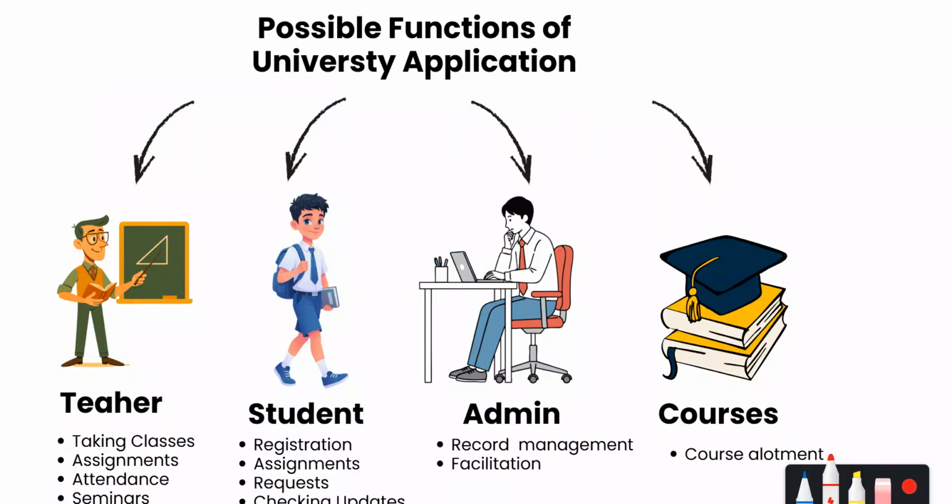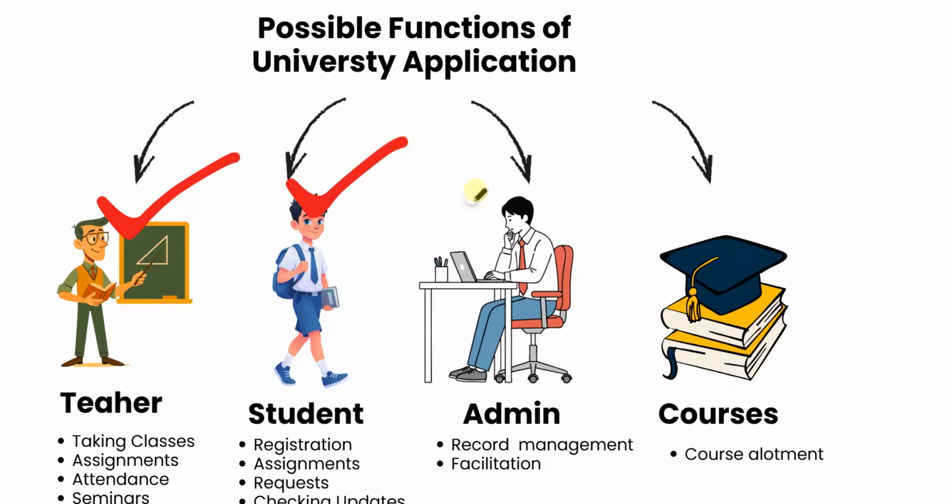For example, after categorizing, we can see that some of the requirements are related to the teachers, some to the students, some to the admin, and similarly some to the courses.